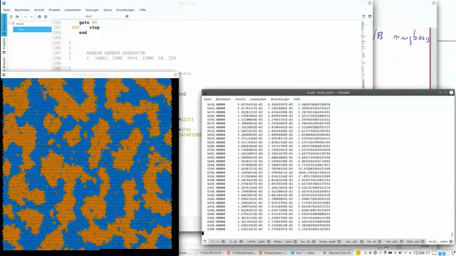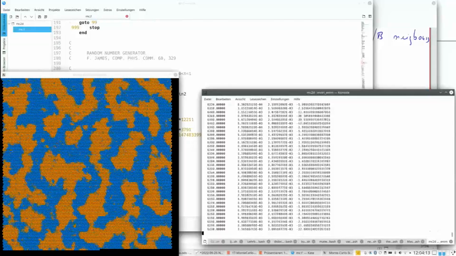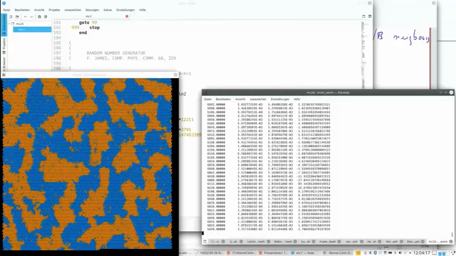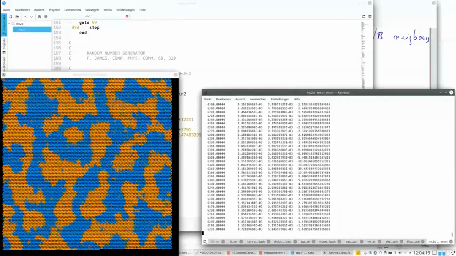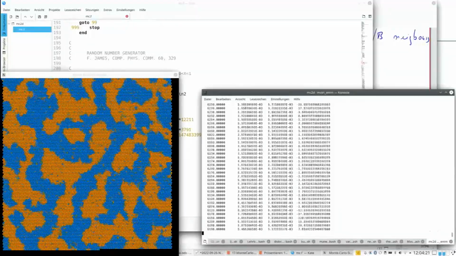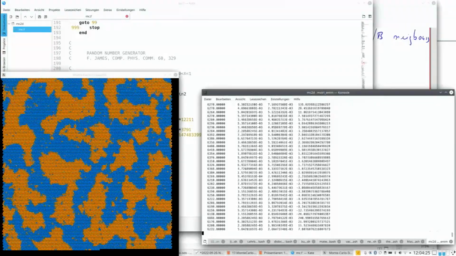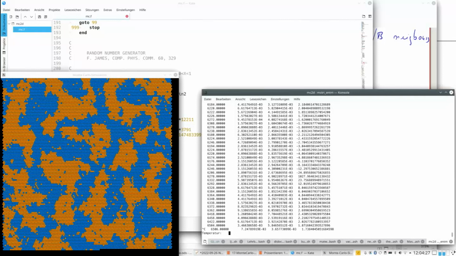I'm wondering whether the blue structure is interconnected and the orange not. Yeah, blue looks like it. But maybe that's just also a misinterpretation of our, I don't know.